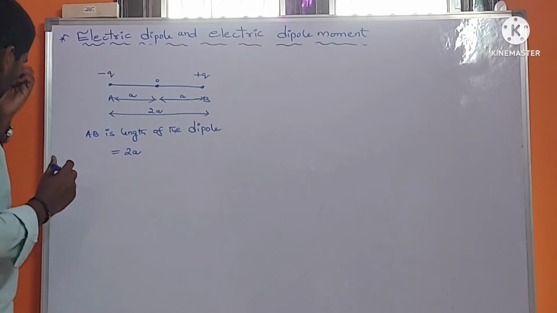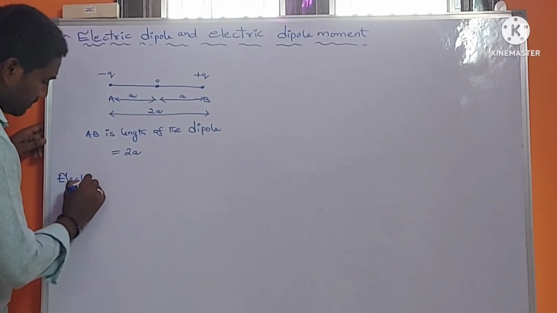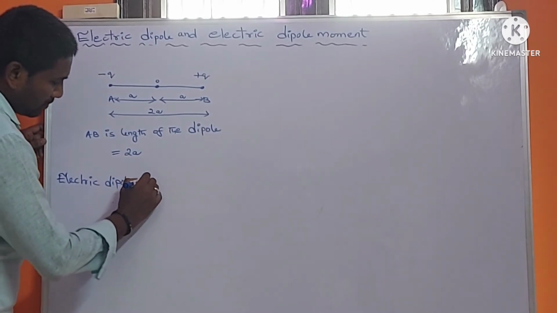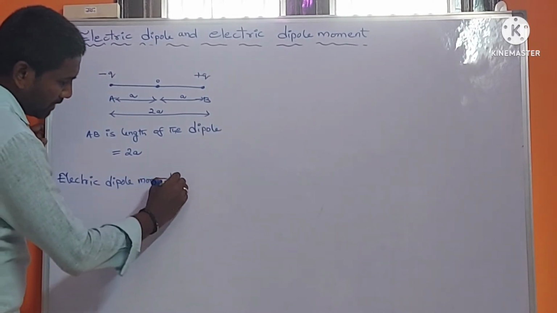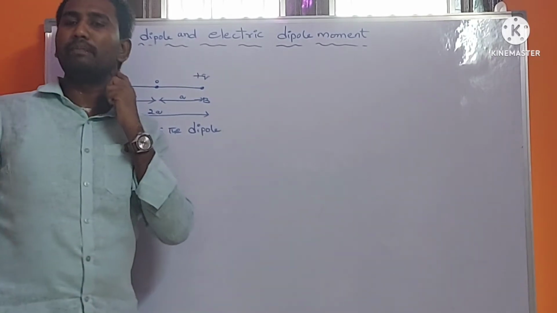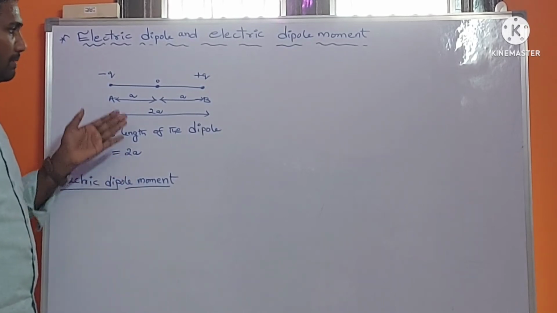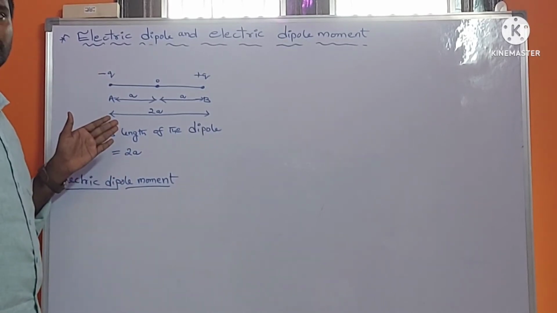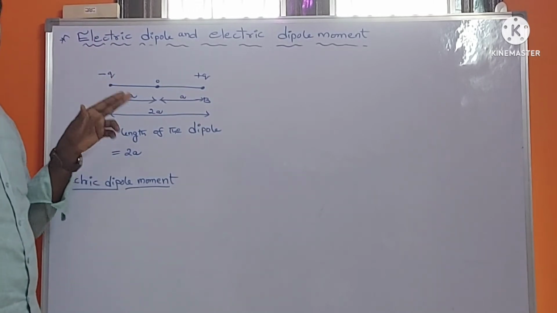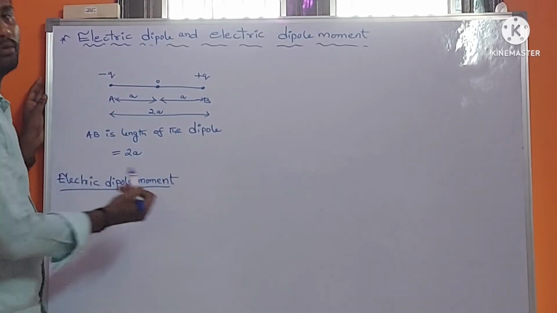Now, electric dipole moment. These two terms, electric dipole and electric dipole moment, are very important, because the same idea is repeated in the magnetic field, where it is called the magnetic dipole moment.